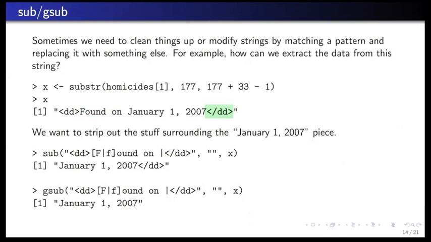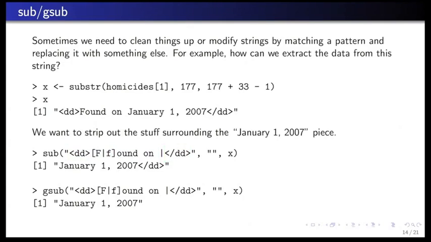So I need a regular expression that matches this part and then this part. That's going to be DD and then "found" with a capital or lowercase f, "on", so found space on space, right? And so that's one part. Or it can match this closing DD tag. So this pattern is going to match this or that.